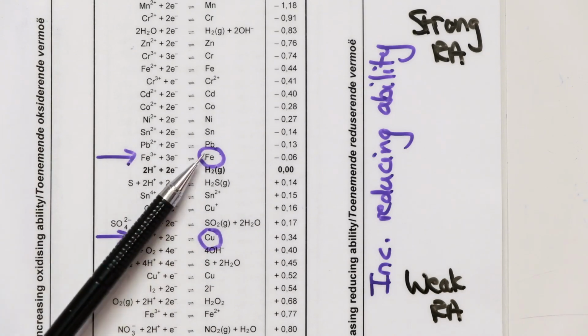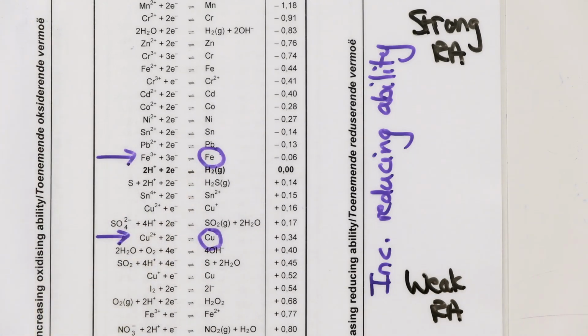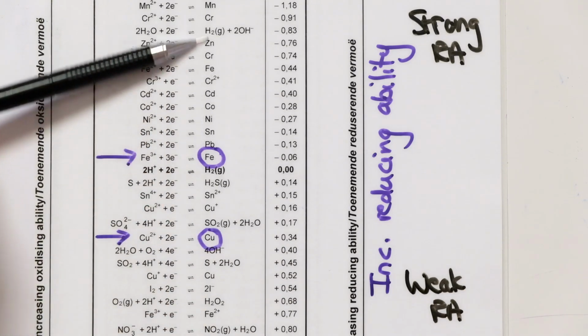We looked at the iron half reaction in the reverse as it was in question 8.1.2. So you always need to refer to these arrows on the right hand side and on the left hand side. On the right hand side I have just rewritten what it says: increasing reducing ability as you go up the table, and that is referring to all these substances on the right hand side.